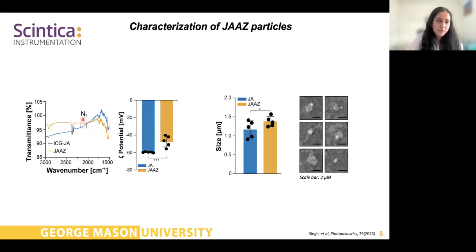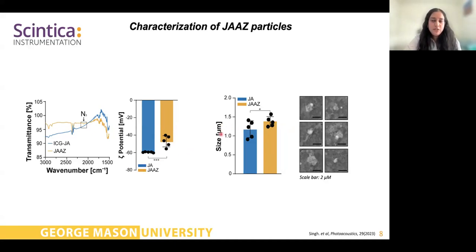And that is what we observed, as you can see over here, when compared to the control ICG J aggregates. We also measured the zeta potential, or the surface charge of the particles. And we did see that JAS particles were slightly less negative than the ICG J aggregates, which we believe could be because the azide group is slightly more positive than the indocyanine green dye.